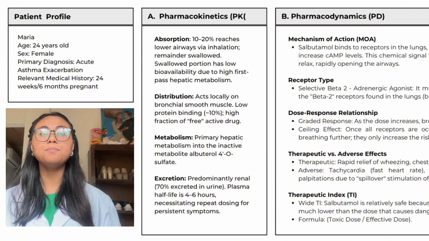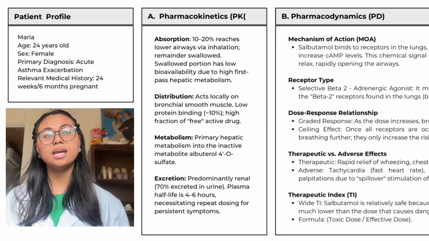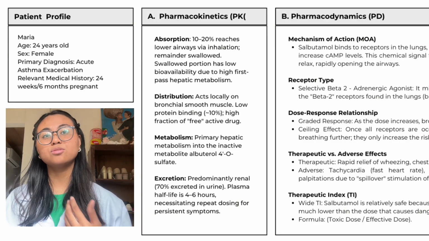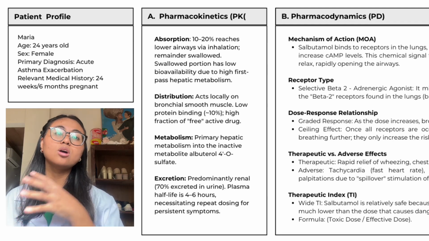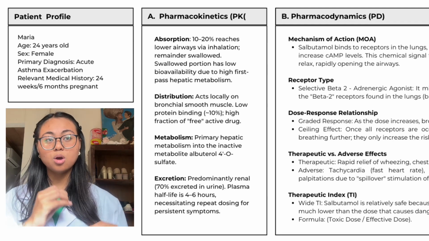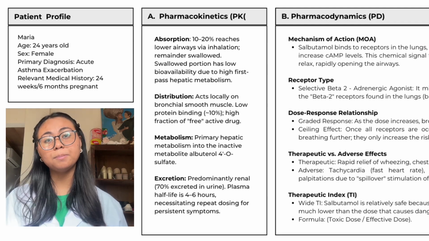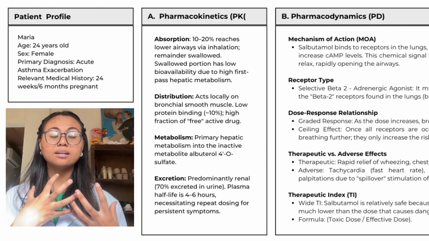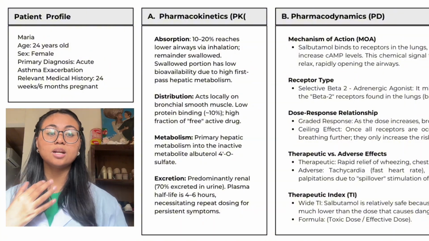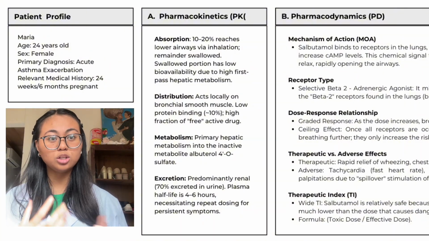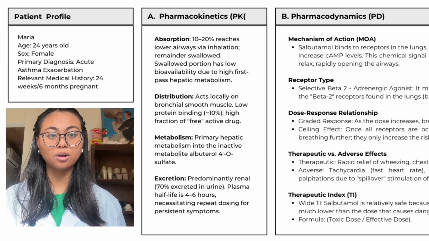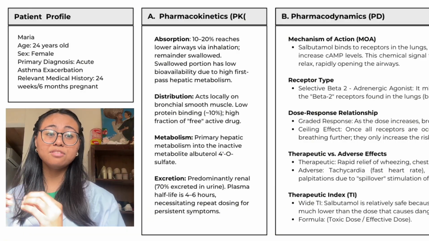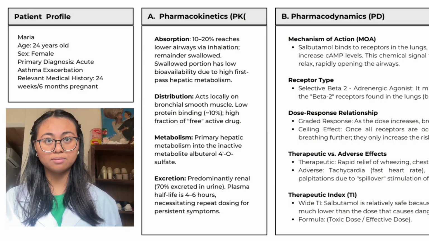About 70% of the dose is excreted in the urine. Its half-life is relatively short, only about 4 to 6 hours, which is why Maria may need a repeat dose if her symptoms persist. After 4 to 6 hours, she can receive a new dose of salbutamol because of the relatively short half-life.